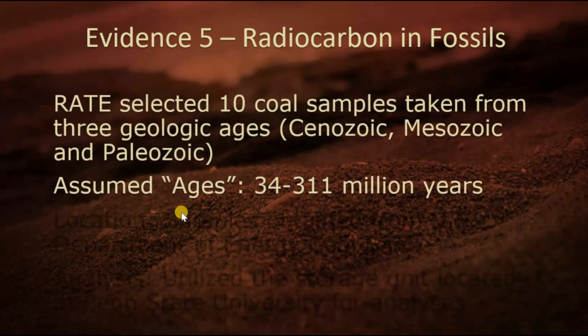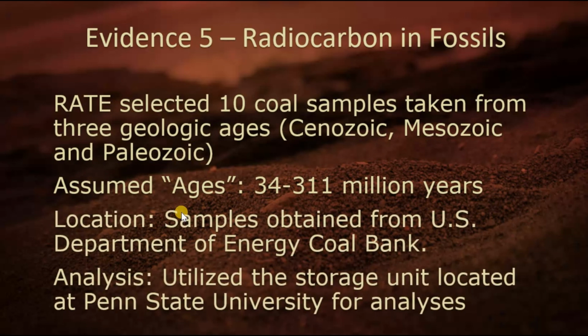So Rate selected 10 coal samples taken from 3 geological ages, Cenozoic, Mesozoic, and Paleozoic. The assumed ages range from 34 to 300 million years. The samples were obtained from the U.S. Department of Energy Coal Bank, and the analysis utilized a storage unit located at Penn State University.